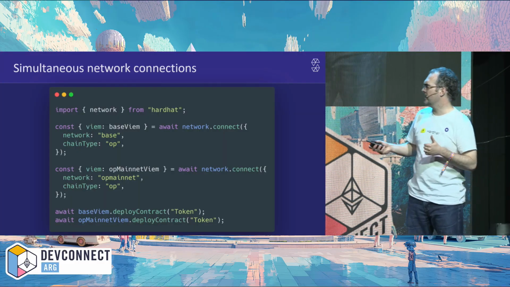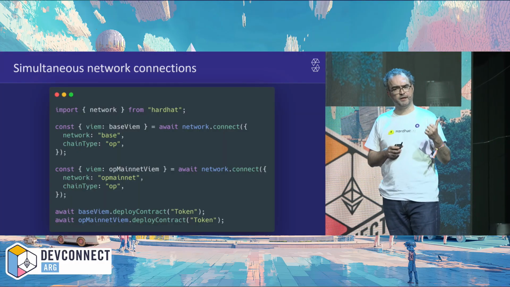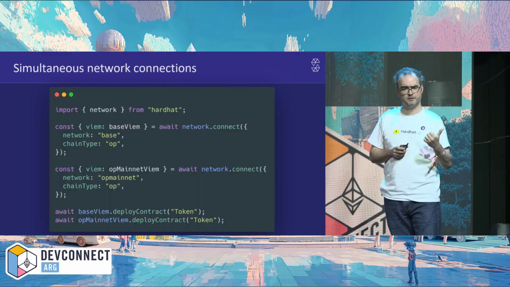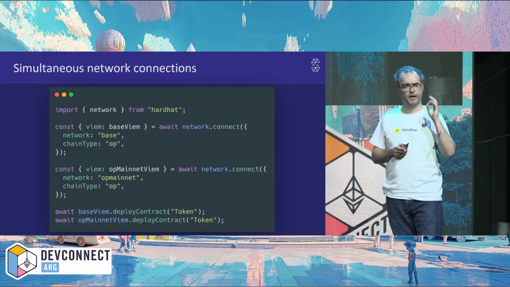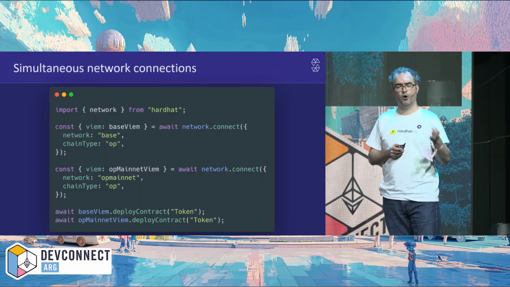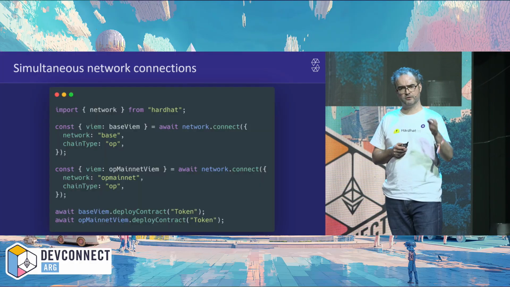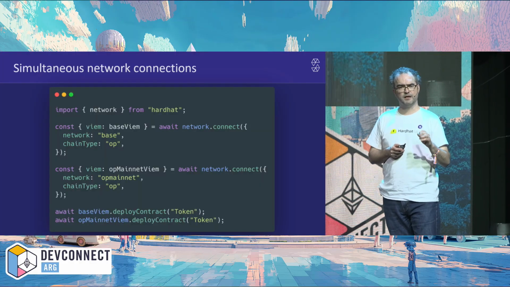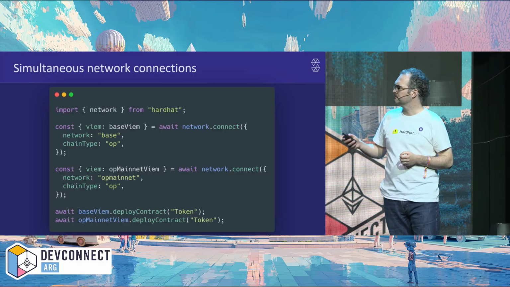So, to summarize, you can now have multiple connections in your scripts and in your tests. They can be targeting either L1 or L2s. And if you are targeting an Optimism L2, we can give you better type checking support and more refined simulation in local development nodes.